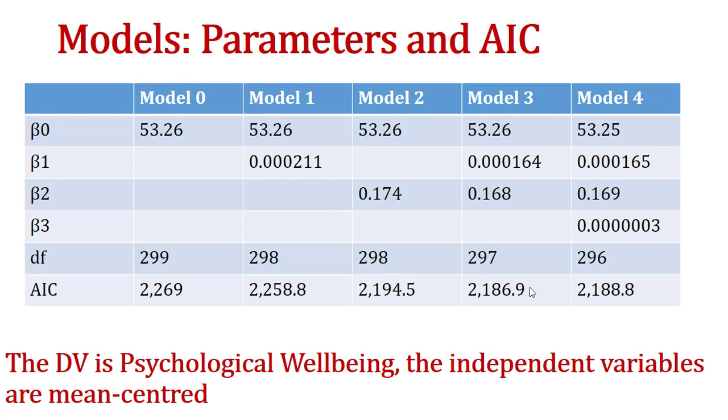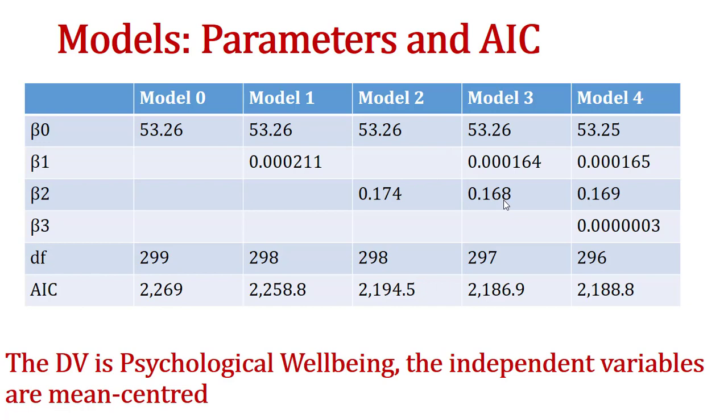It increases the fit very slightly, but because we lose 1 degree of freedom, that is penalized, and you get 2 more points. So basically model 3 is the best model, and it's the one we prefer.